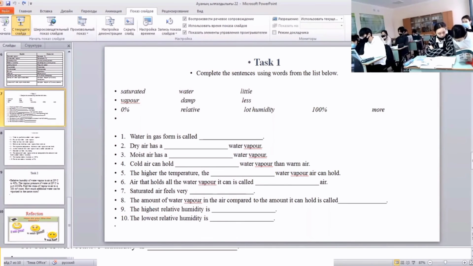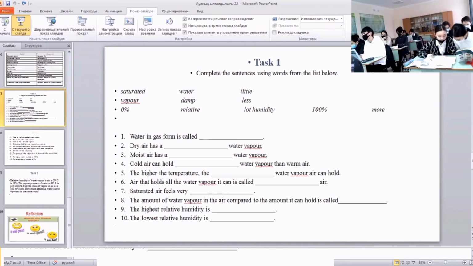Which group will start? First group. Next.